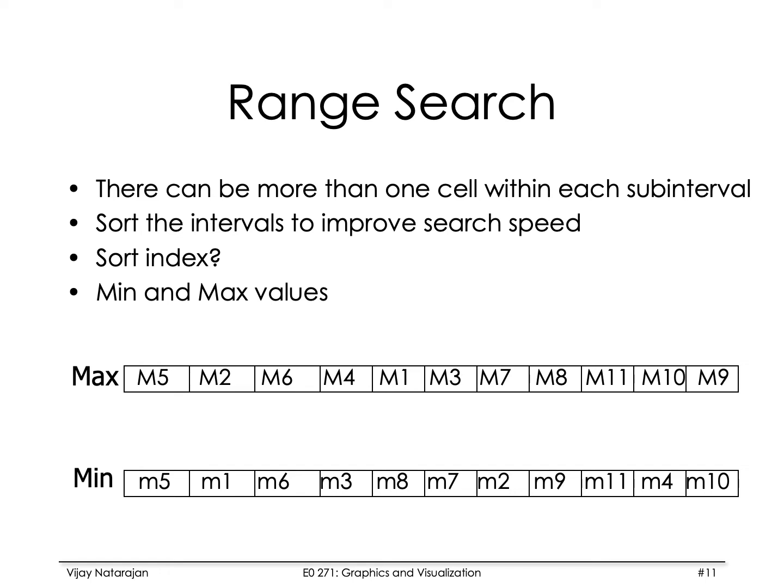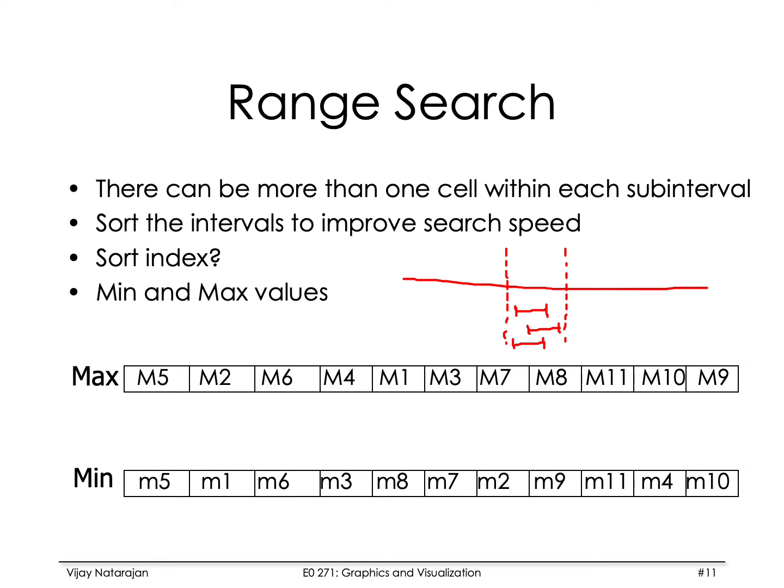So note that we had the real line and we had identified a subinterval that contains the ISO value. And this subinterval could have multiple intervals such as this. So now I have sorted all these intervals based on their max values and again based on the min values.